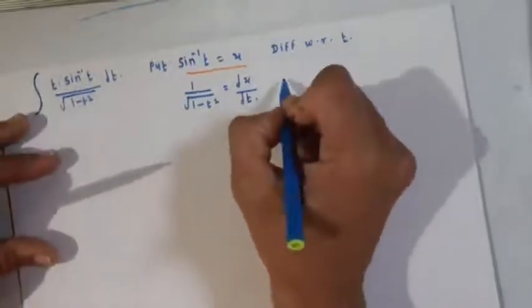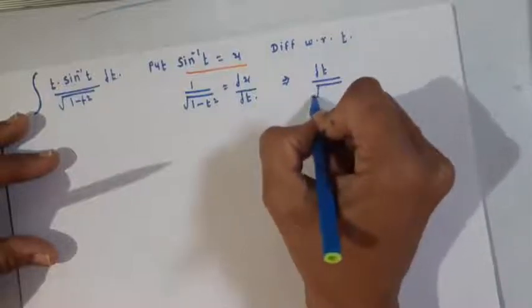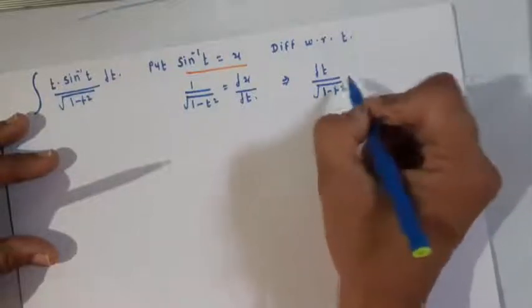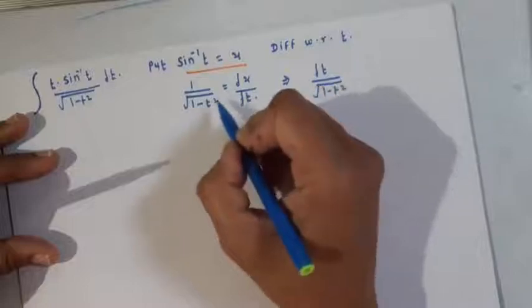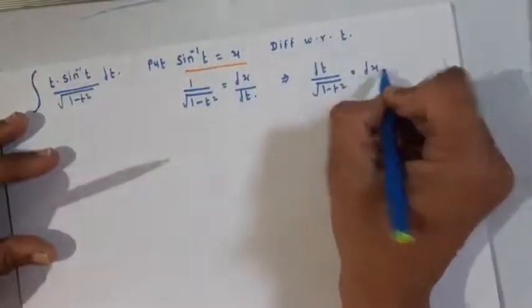And therefore this implies dt upon square root of 1 minus t square is equal to dx.